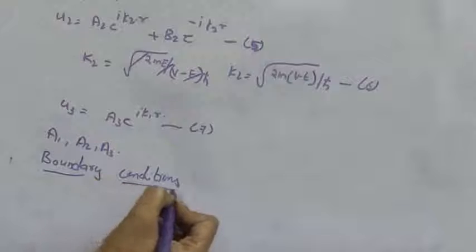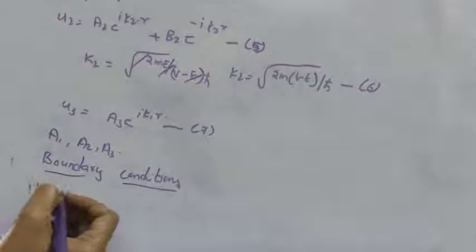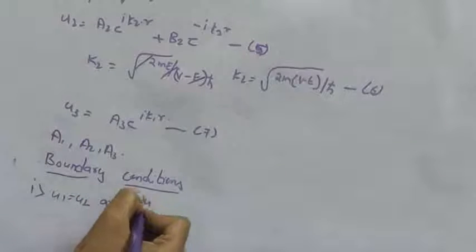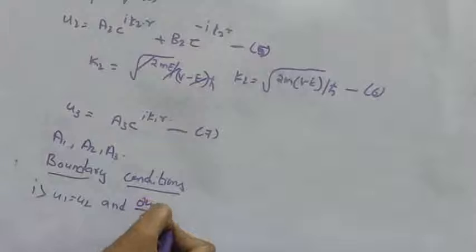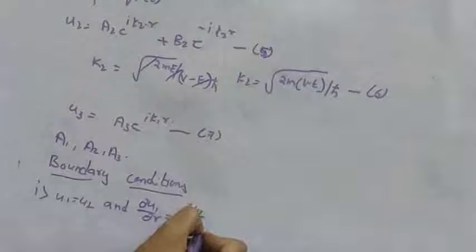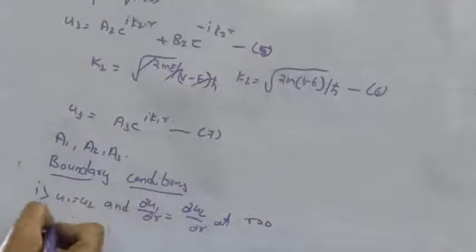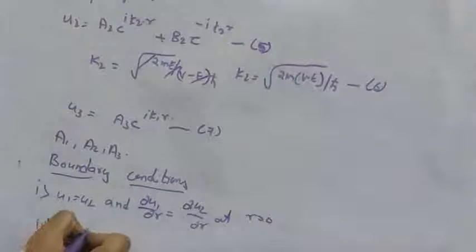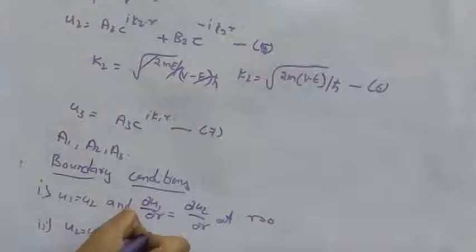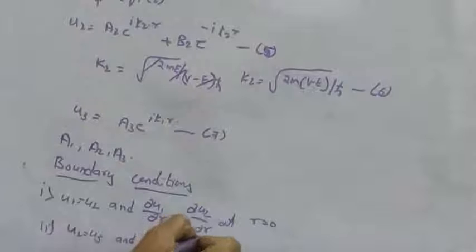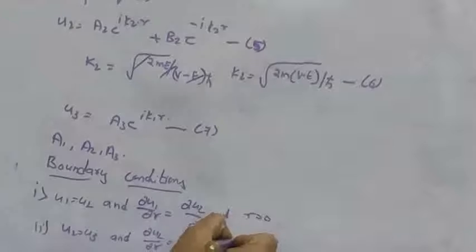The first boundary condition is u1 = u2 and ∂u1/∂r = ∂u2/∂r at r = 0. The next boundary condition is u2 = u3 and ∂u2/∂r = ∂u3/∂r at r = a.